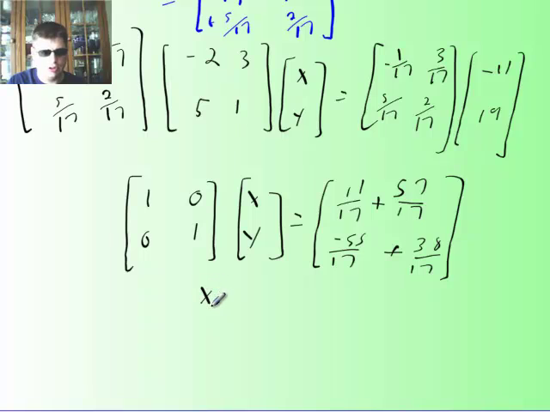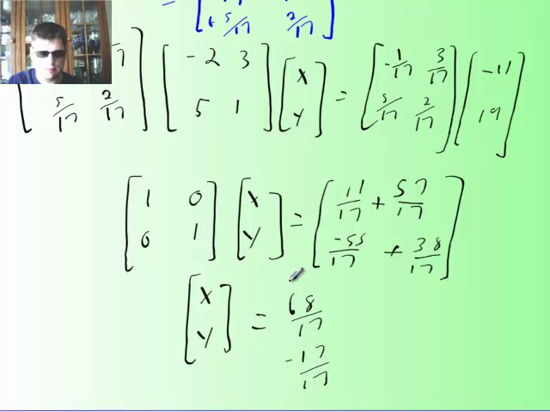So the inverse matrix and our variable matrix, matrix X, gives us just the variables. And this works out to be 68 seventeenths. And this one works out nicely, negative 17 seventeenths.